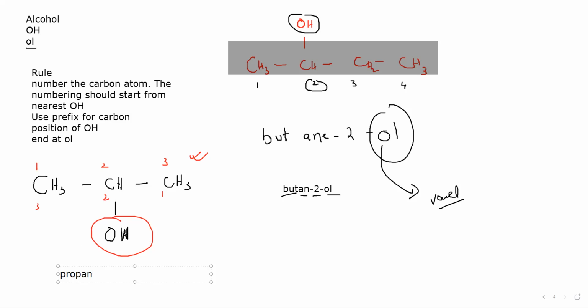But again, the functional group is alcohol, so we'll not write the full ANE. We'll write only AN. The position of the OH, the second position, we have an OH, and it will be OL. So it is propan-2-ol. Is the naming of this alcohol clear?